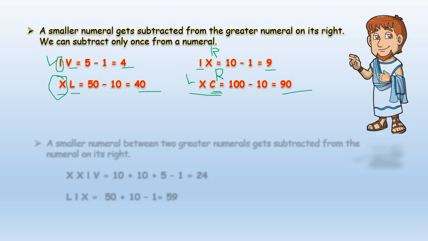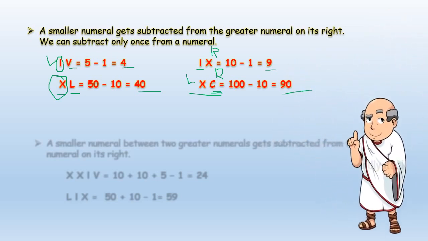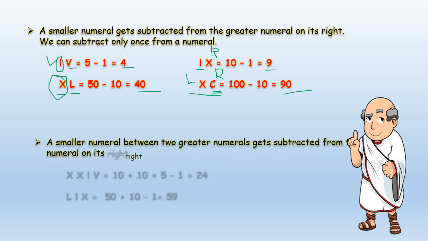Now let's see what the fourth rule is saying. The fourth rule says a smaller numeral between two greater numerals gets subtracted from the numeral on its right.